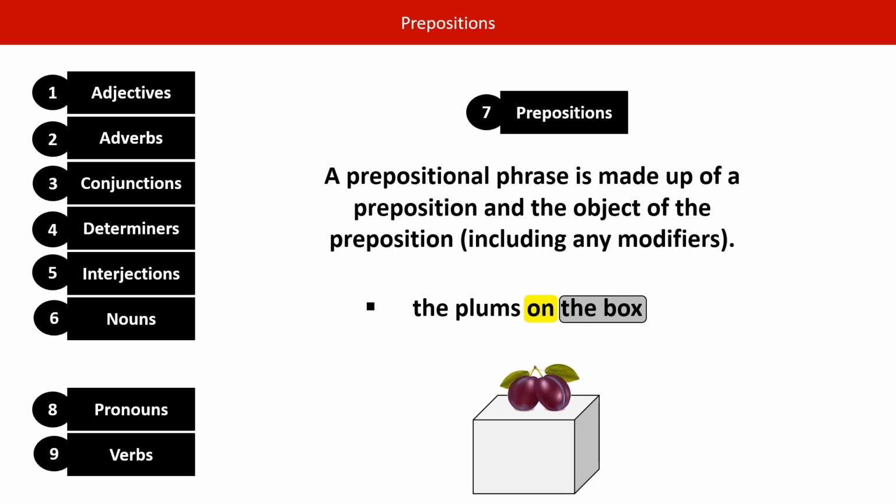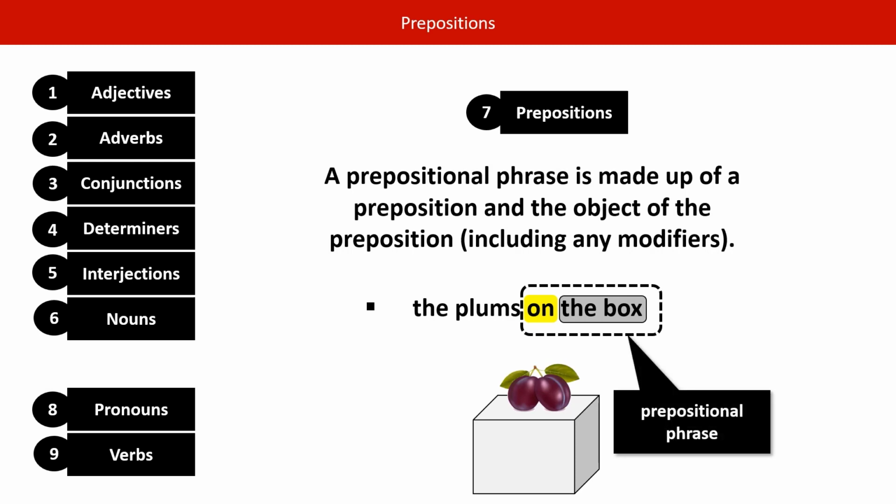On is our preposition. The object of the preposition is box. The is a modifier of box. So on the box is our prepositional phrase. So a preposition, the object of the preposition, and any modifiers. That's a prepositional phrase.